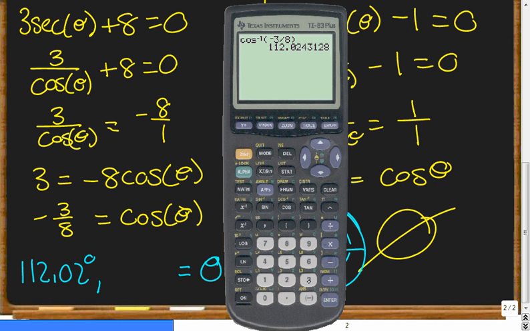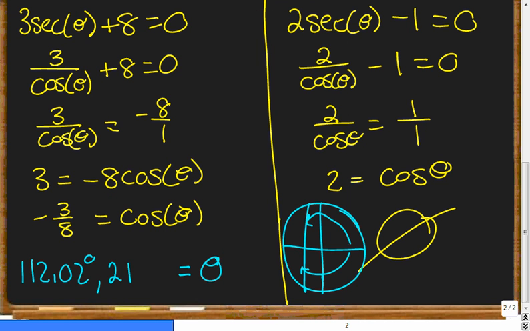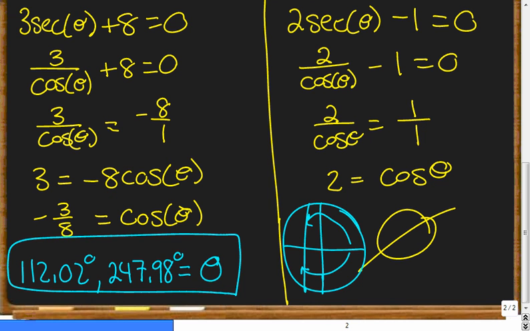Oops, 360 minus our answer, and we get 247.98 degrees. So both of these answers are going to work for us because of the way the cosine works.